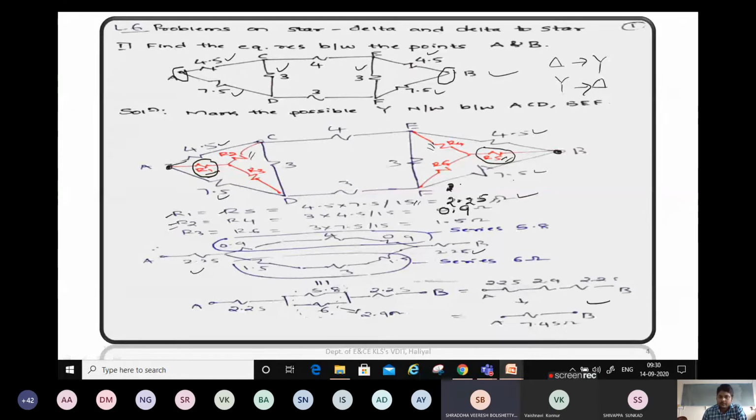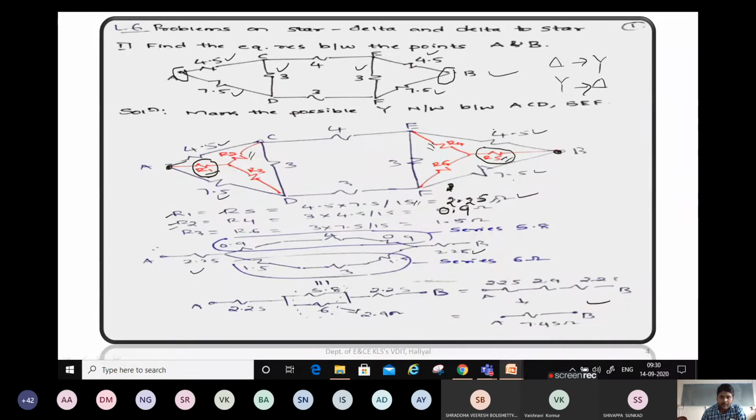Yes, is that clear now? Yes, sir. So with a similar approach, you have to go for R2 and R3 and check here where we have the R2 equivalent value, that is R4, then R3 and R6. So why are we equating this? Because we have the same delta network on both sides.